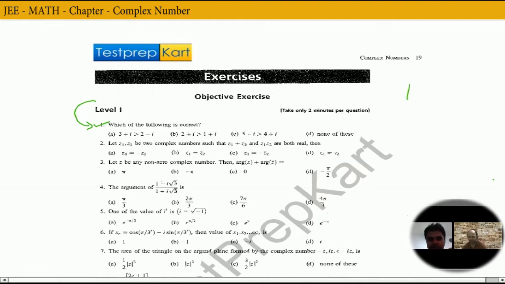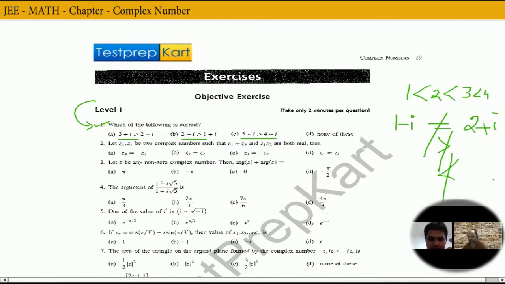Like 1 would be less than 2, 2 would be less than 3. It's possible. For complex numbers, there is no such relation. It cannot be greater, it cannot be less. So look at options A, B, C. All these are complex, right? Yes.